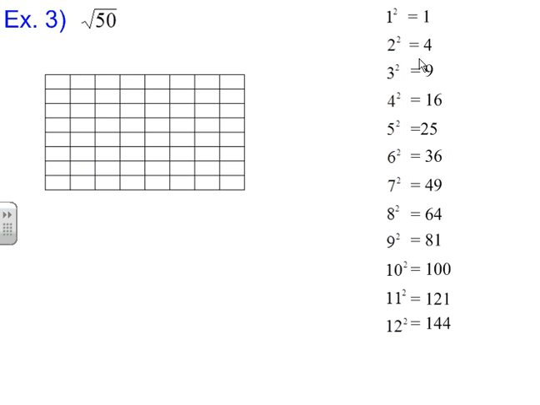One more example. We're going to do the square root of 50. We can find the square root of 50 is between 7 and 8. Closer to 7 though, isn't it? So we know it's going to be 7 and something. We also know that it's going to be very close to 7, so it's going to be a really small number. It's way less than half, probably less than a quarter. So again, we're going to build our 7 by 7 square.